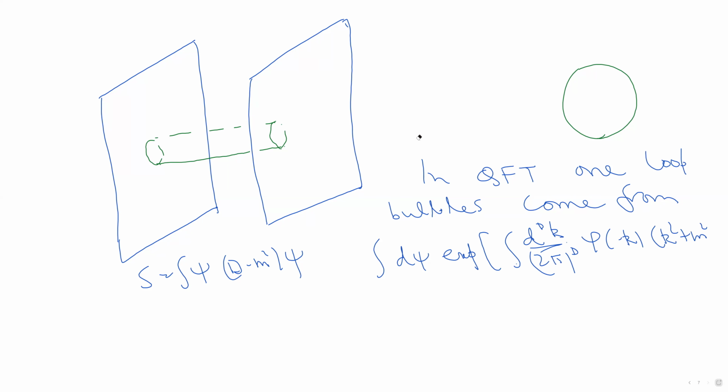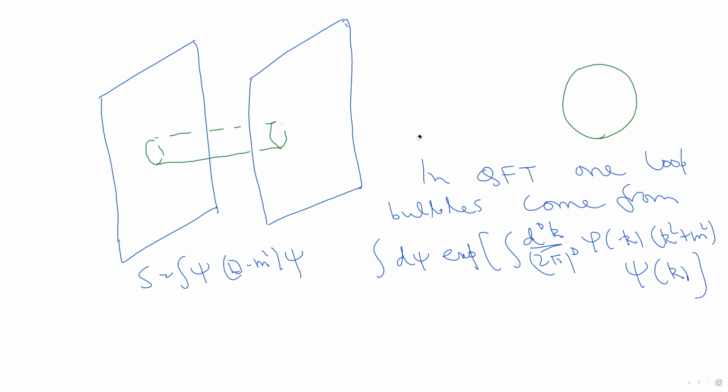I'm not being very careful about the signs, etc. So for every psi of k, you'll get k squared plus m squared to the minus half.